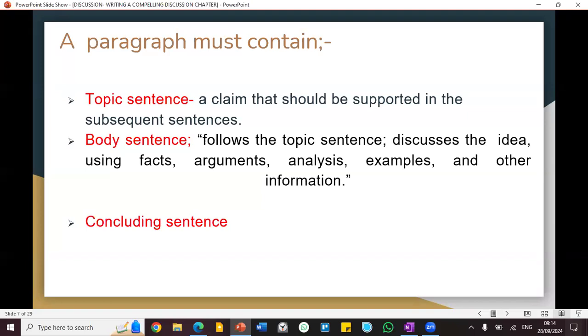At this time, you are using facts, and you need to support that with the appropriate citation, also guided by the university, whether you're using Harvard or APA, whichever. We are going to see that in a sample and see how we can use it. Now, you have done your topic sentence. You have supported that argument.